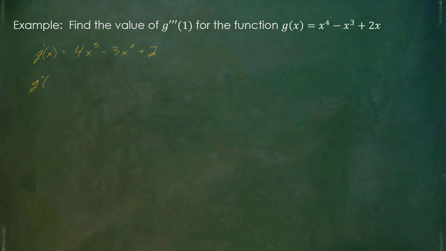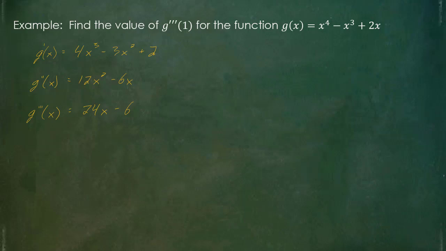G double prime, the second derivative, would turn into 12x squared minus 6x, plus 0 at the end. And now to find my third derivative, g triple prime equals 24x minus 6.